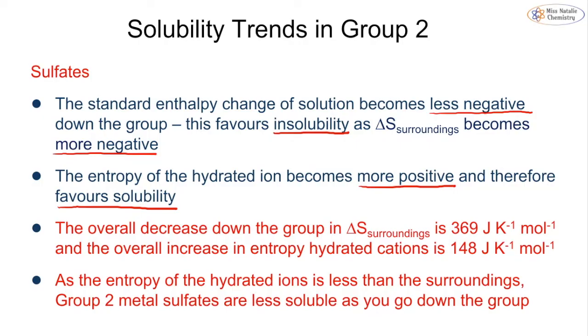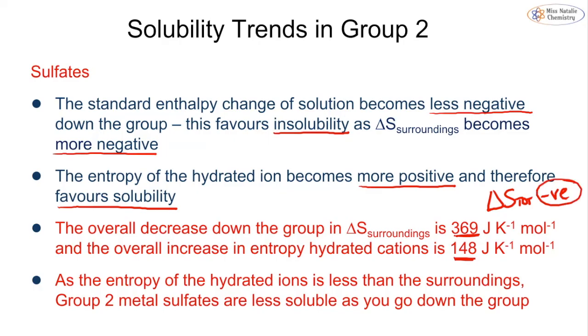The overall decrease in the entropy of surroundings is 369 joules per Kelvin per mole, and the overall increase in the entropy of the hydrated ions is 148 joules per Kelvin per mole. As the entropy of the hydrated ion is less than the surroundings, so the magnitude is much smaller, this is going to give us more negative total entropies as you go down the group.